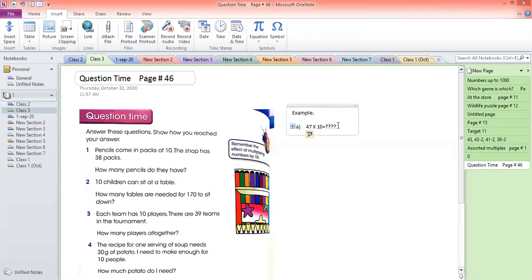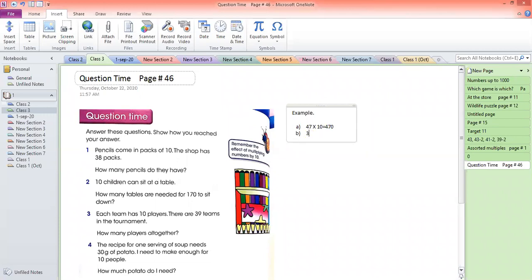Guys, when you are multiplying any number by 10, just write the same number in the answer, like this, 47, and add 0 on the right side, because in 10 there is 0. Again, I repeat, whenever you are multiplying any number by 10, you will write the same number after the equals sign, and you will add 0 on the right side, like 470.